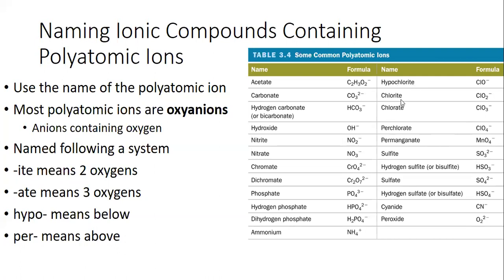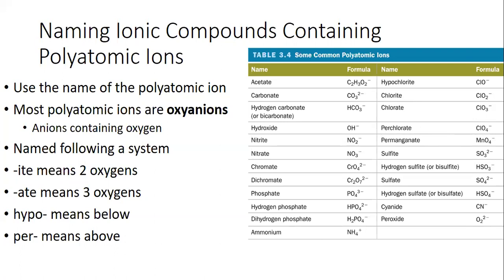Chlorite means I have 2 oxygens. Chlorate means I have 3 oxygens. And then perchlorate, the prefix per means above. So perchlorate means I'm above chlorate, or I have 1 more oxygen than chlorate. Not the greatest, I know.